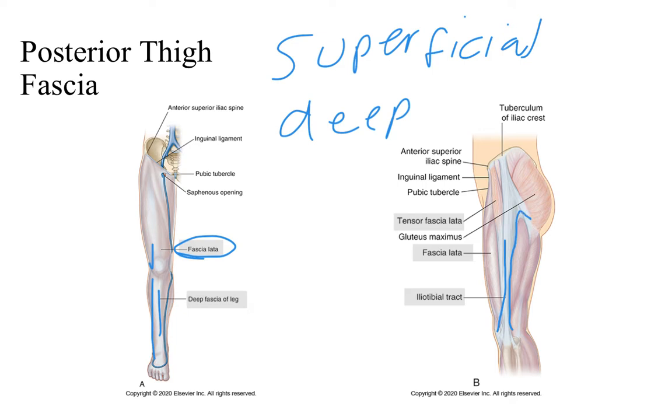Remember that the IT tract is connected to both the tensor fascia lata and the gluteus maximus, and its role is basically to stabilize the hip. And just to mention, in the anterior portion we have the saphenous opening, through which a branch of the femoral vein, known as the saphenous vein, can go through and enter the superficial fascia of the thigh.